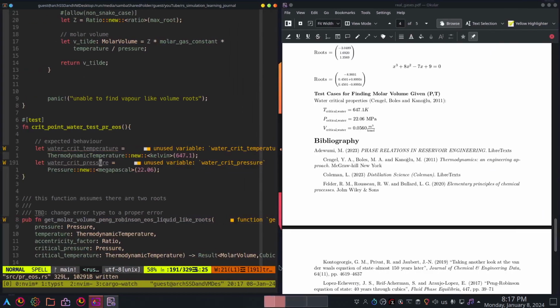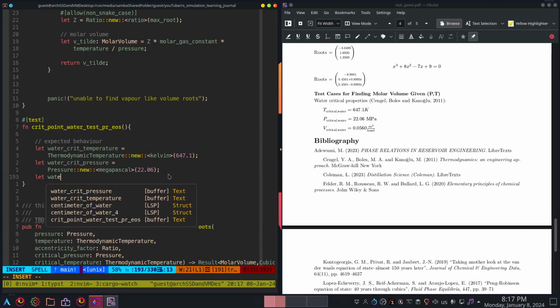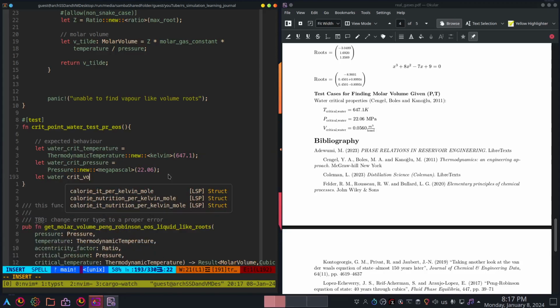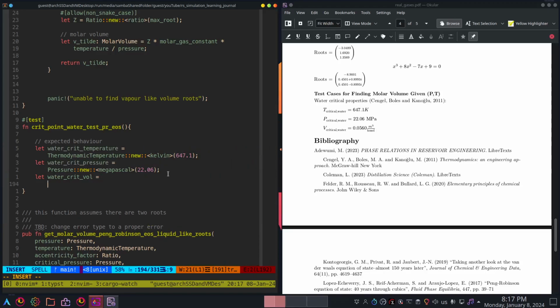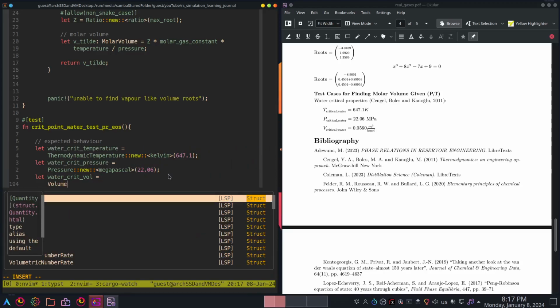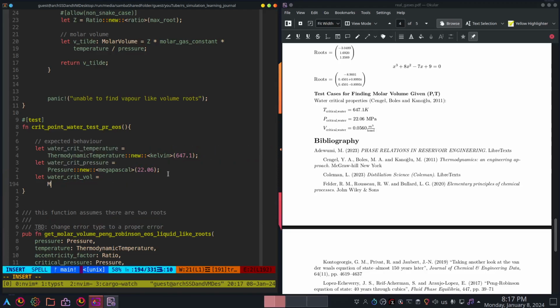What else am I going to do? I have a critical volume. I'll need an underscore here, equals volume new. Okay, I should use molar volume, not volume.